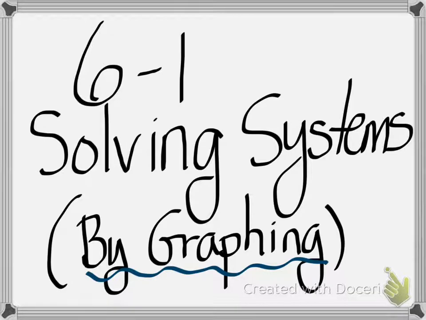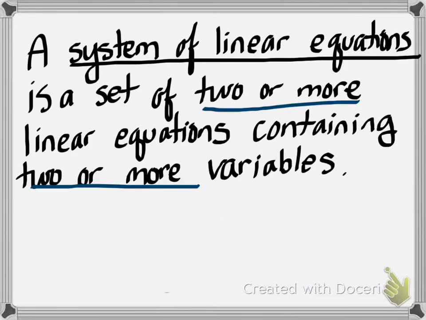And please take notes during this video, bring them to class tomorrow, and then it'll help you do all the questions in class. A system of linear equations is a set of two or more linear equations containing two or more variables. So what I mean by that, in a system it starts with this symbol, which I know some of you don't enjoy doing. There is no end. It's just a starting one.